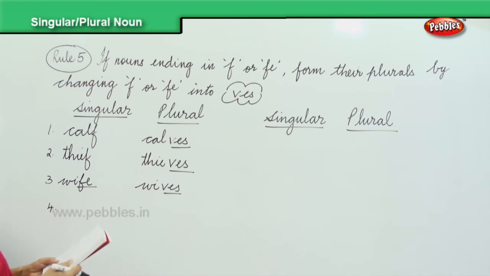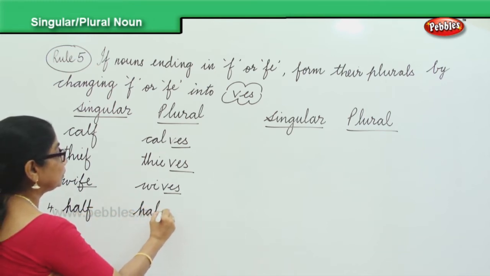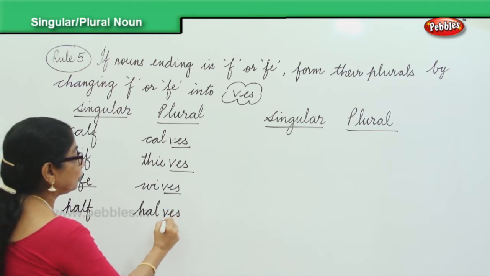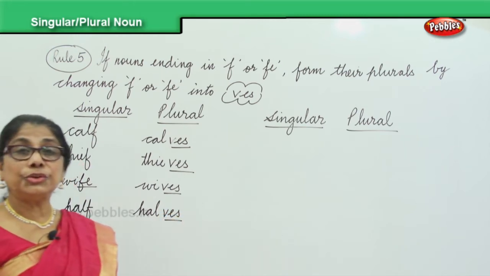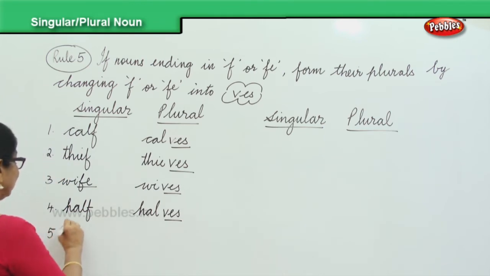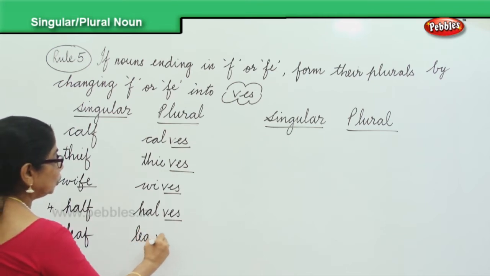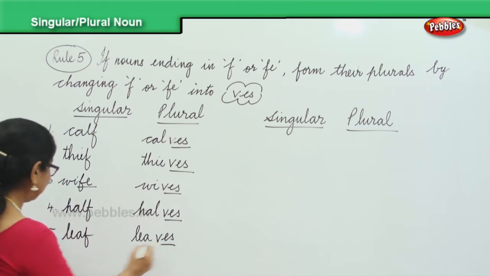I'll give you some more. Half. Halves, adding VES to form the plural number. Leaf. To form the plural, you add VES.